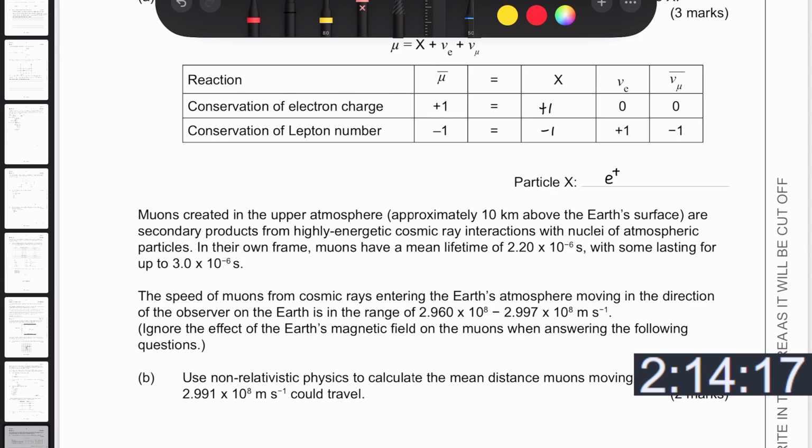Muons in our atmosphere are secondary products from high energy cosmic ray interactions with nuclei of atmospheric particles. Use non-relativistic physics to calculate the mean distance muons moving at 2.991 times 10 to the power of 8 travel.